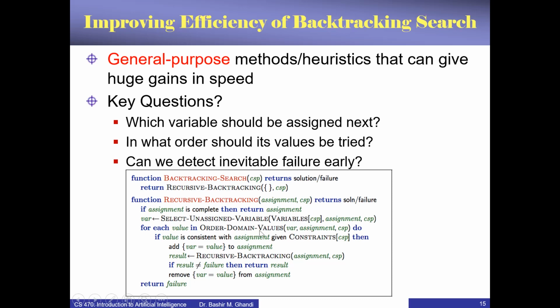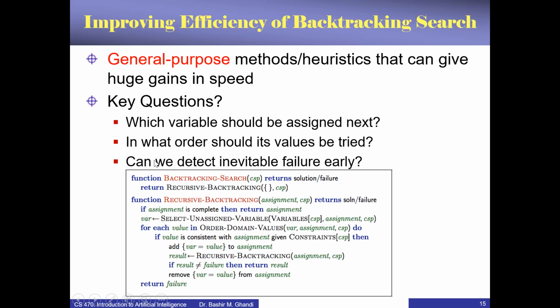The question is, is there a way to try these values that will make the algorithm faster? Instead of just starting with the red, is there a way we can choose another color that will make the algorithm terminate faster or backtrack faster in case this is not going to lead to a solution? Again, the answer is yes, there is.